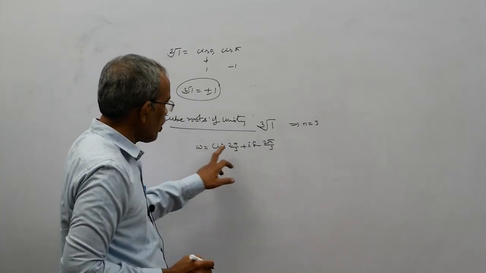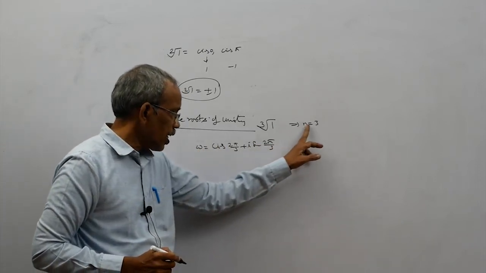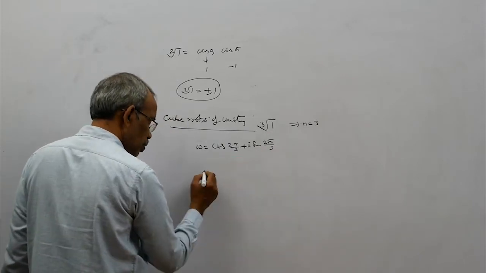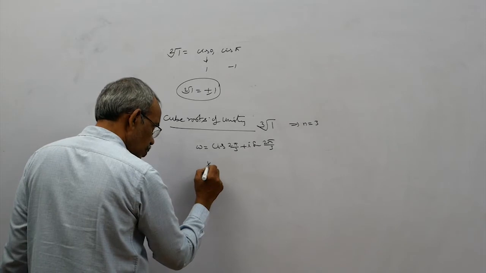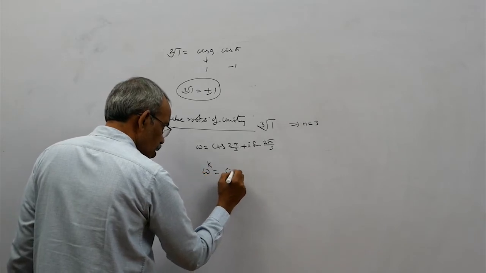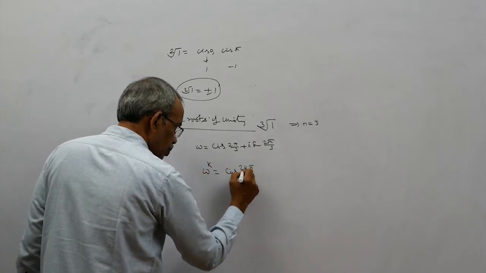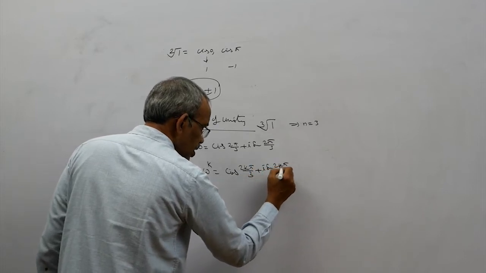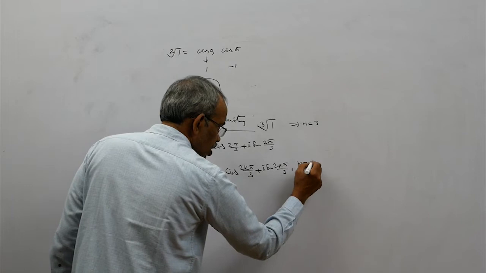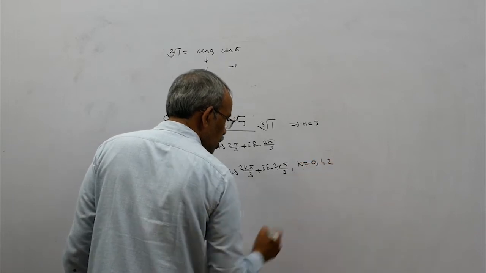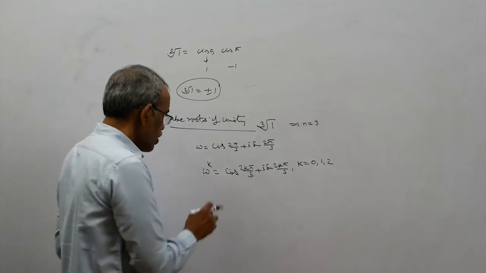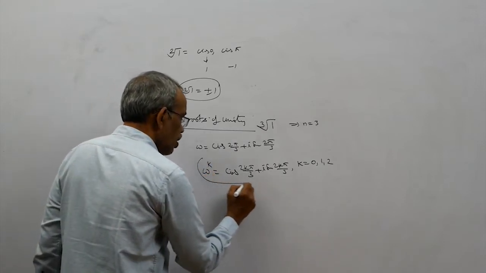Omega equal cos 2 pi by n plus I sin 2 pi by n, we assumed, right. Substituting n is equal to 3, omega equal cos 2 pi by 3 plus I sin 2 pi by 3, and omega power k is equal to cos 2k pi by 3 plus I sin 2k pi by 3 where k equal to 0, 1, 2. To write all the values of cube roots of 1, we take this, omega power k.